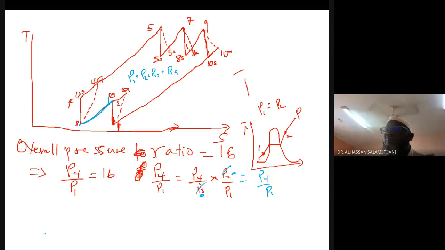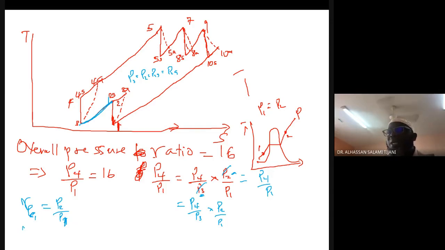So, consider the first compressor, RP compressor number 1 equals P2 divided by P1.